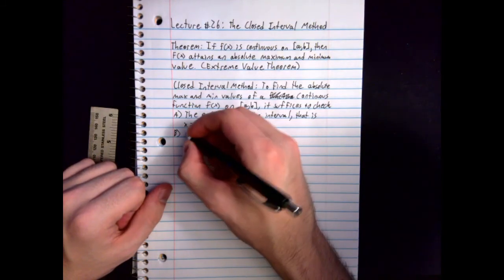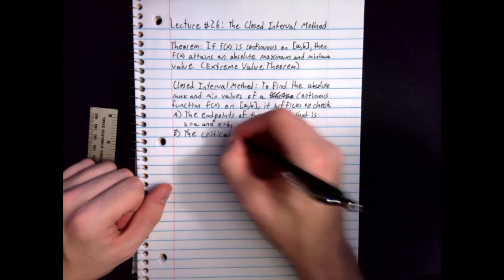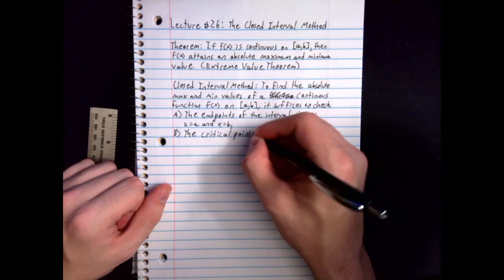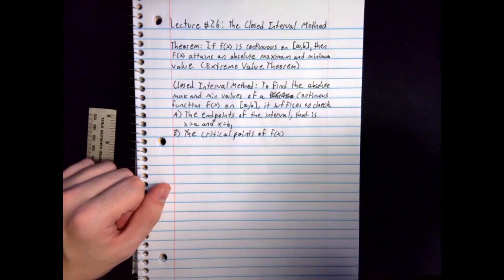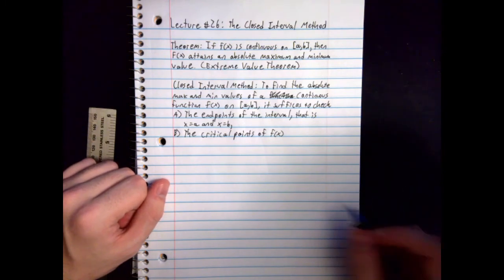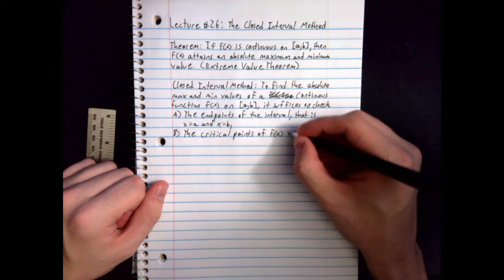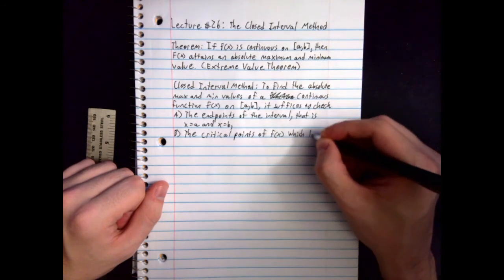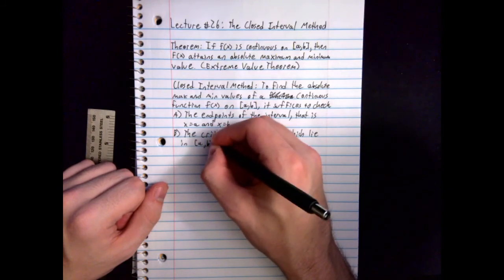And we just need to check the critical points as well. And moreover, we don't have to check all the critical points. We just need to check the critical points of f of x that lie in a to b.